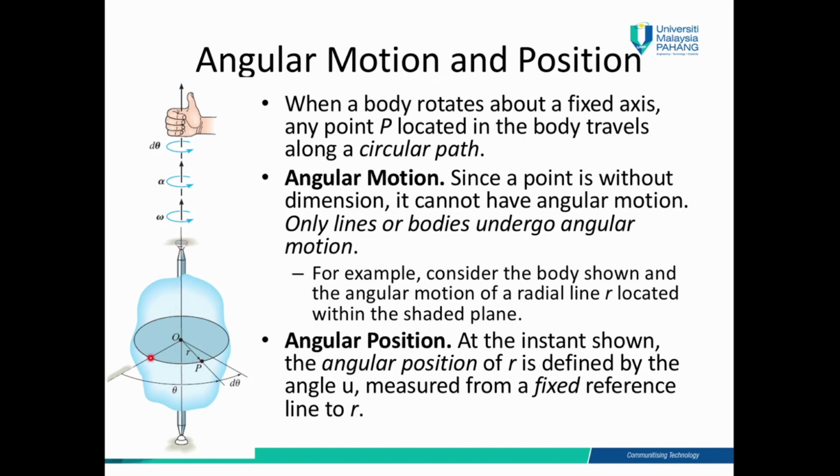So you have this angular motion of R, and we can define the position of this movement by measuring the angle between a fixed reference, and you can just pick any fixed reference, and then measure the angle to our line R. So this is how we define our angular position.